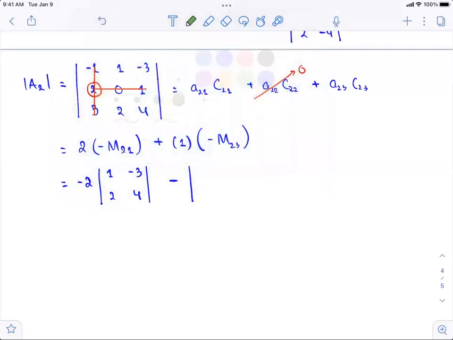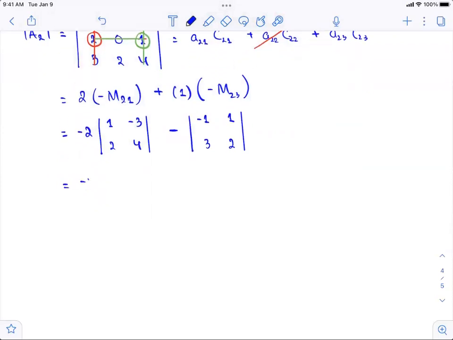So you choose this entry, delete the corresponding column and row, and you're left with the entry of -1, 1, 3, 2. So you get -2 times 4 minus -6 minus -2 minus 3. If you do the calculations correctly, you will get -15 for the answer.